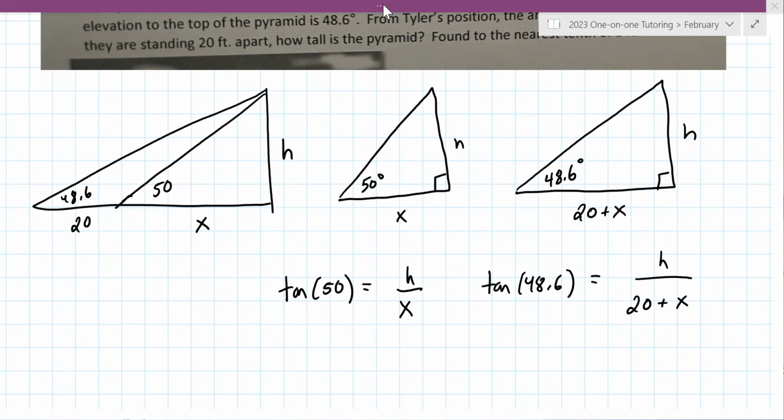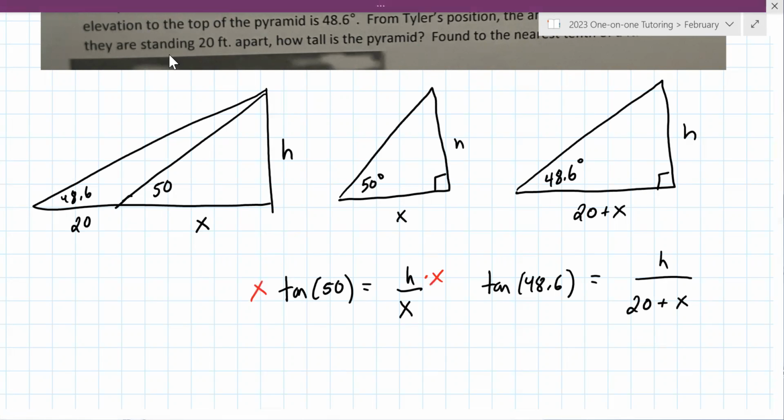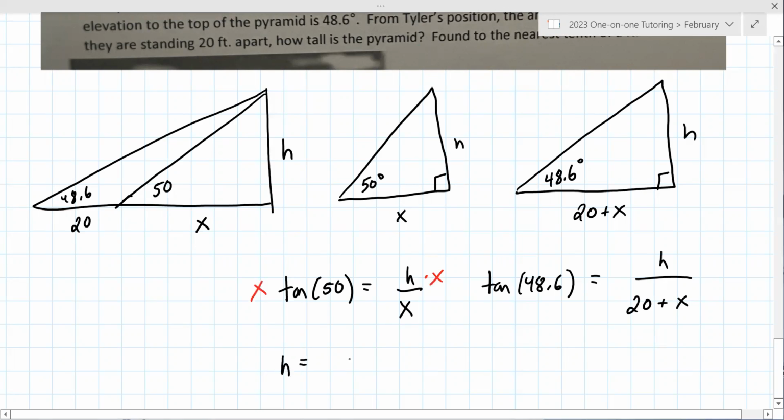So you're going to multiply both sides by x. I'm just going to slightly rewrite it where the variable is on the left. h is x tangent 50. Is that okay? Now, when we find the value of x, which is what we're about to do, we're going to put it back into this equation.